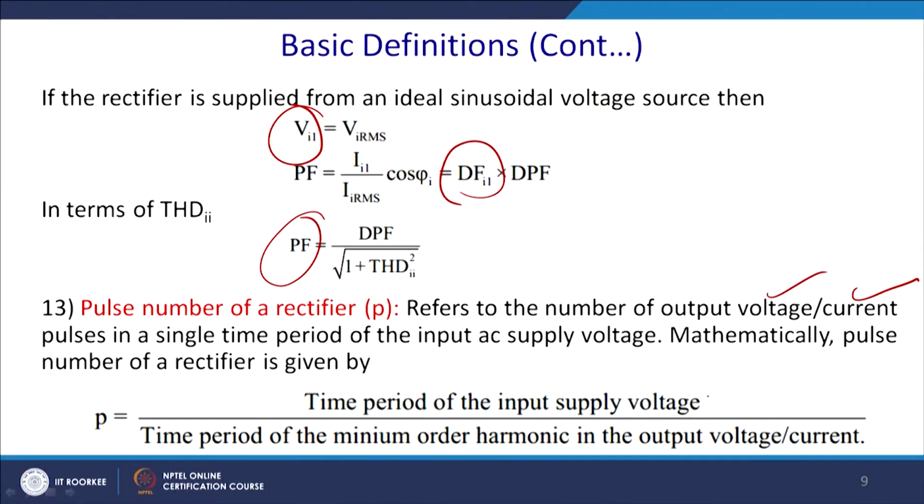Mathematically, the pulse number of the rectifier is given by the time period of the input voltage supply divided by the time period of the minimum order harmonic in the output voltage or current. That requires to be understood a little. It depends mainly on the 3-phase supply, where we can see how many pulses will be generated.